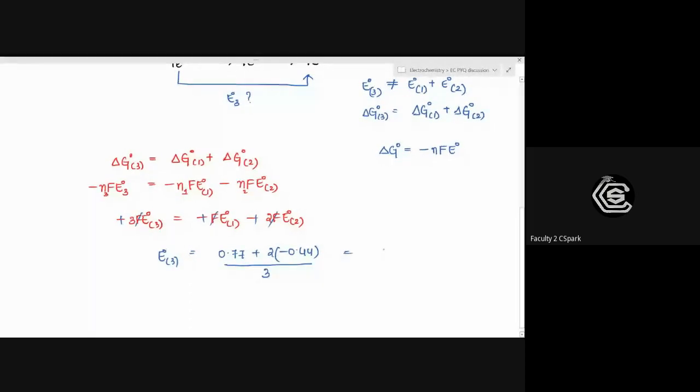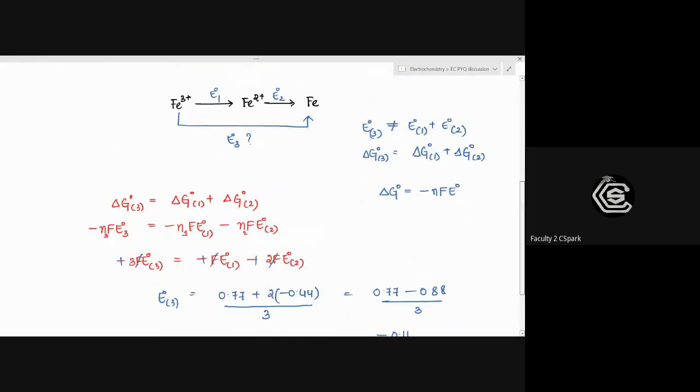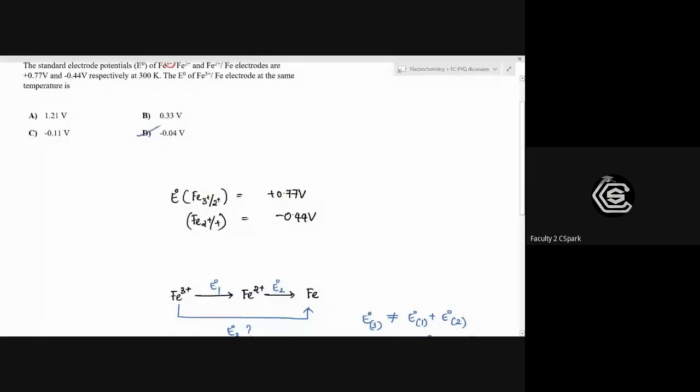So this will be 0.77 minus 0.88 divided by 3. That is minus 0.11 by 3. So it's not C, it's option D. Option D.